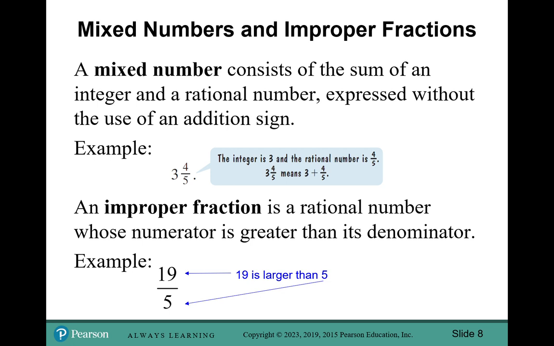Our example here is 19 over 5. This is an improper fraction because 19 is bigger than 5. We can represent this in two ways. These are actually the same number: here it's represented as a mixed number, and here as an improper fraction.